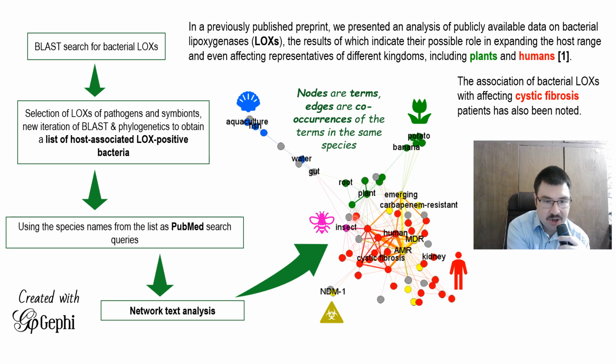And in some species, these functions are overlapped, as you can see by a lot of connections between the green part and the red part. Some bacterial species of this dataset can simultaneously affect plants and humans, including cystic fibrosis patients, and some of them are emerging pathogens with antimicrobial resistance.